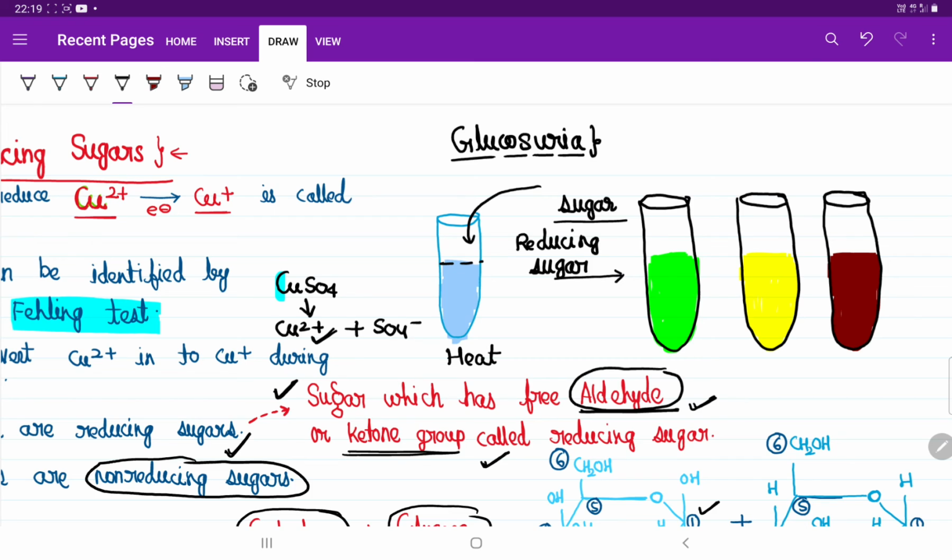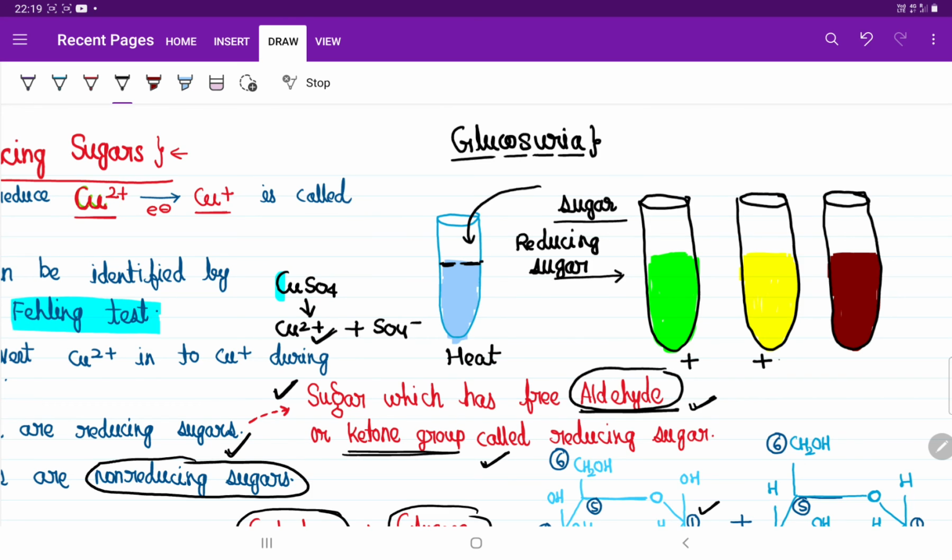If the person is suffering from diabetes and has glucose, immediately it will convert the urine into green color if glucose is low.